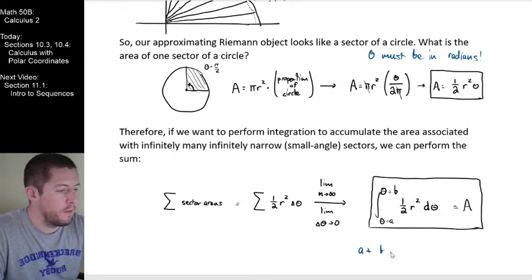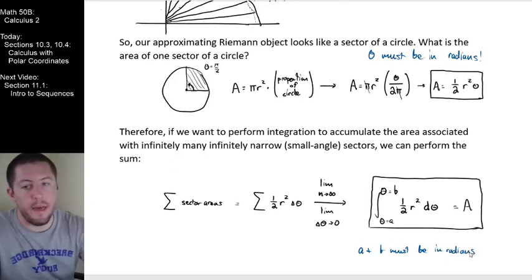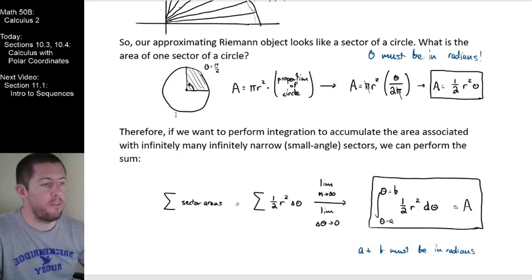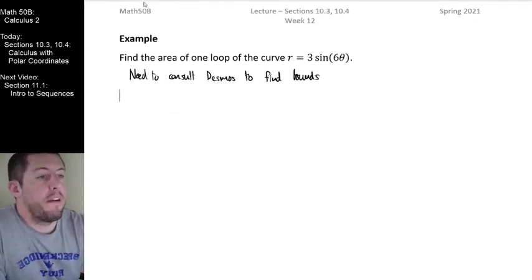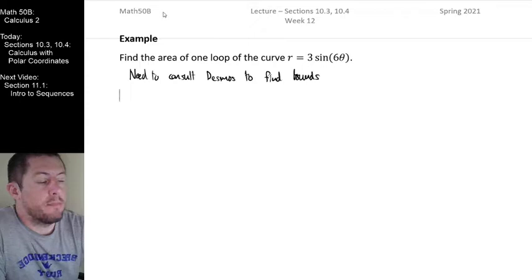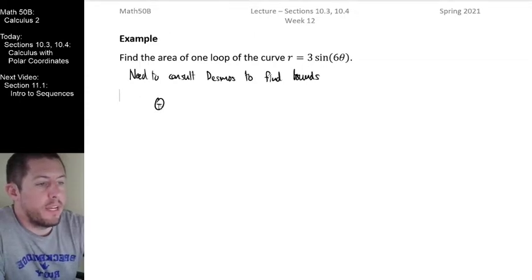A and B must be in radians. All right, so this says do all your math in radians. If you like to think in degrees, there's nothing wrong with that. Convert to radians to do your math. So basically what I've found from Desmos is that theta going from 0 to pi sixths will get us one loop of this thing.